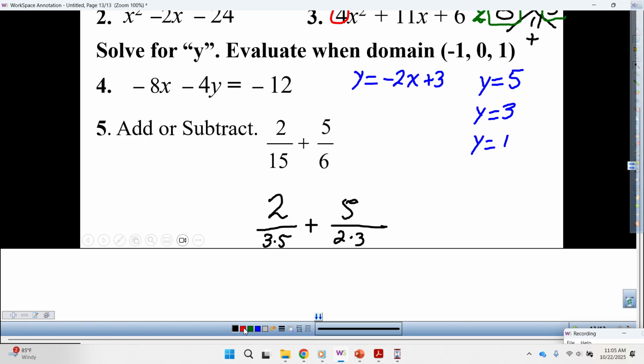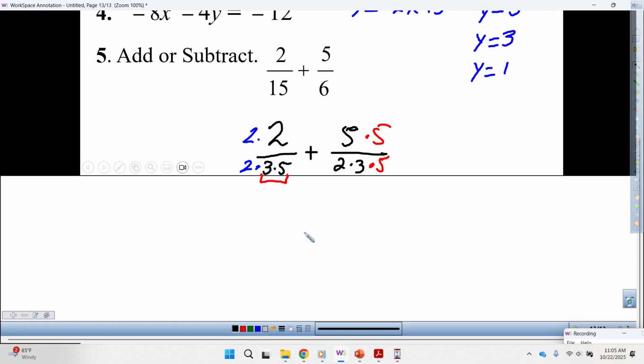So to get the common denominator, what do we need over here that this one has? The 5. So multiply top and bottom times 5. So now what does the first one need that this one has now? The 2. Multiply times 2, top and bottom.